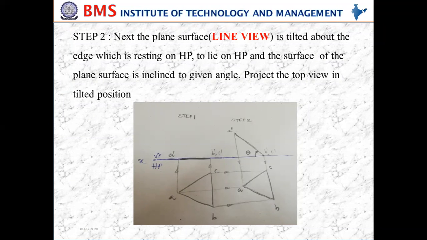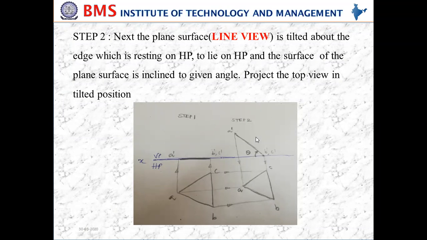This is the second step. In the first step, you need to keep the lamina parallel to any one of the planes. Here, as the lamina is resting on HP, we keep the lamina parallel to HP. In the second position, you cannot get ABC directly.